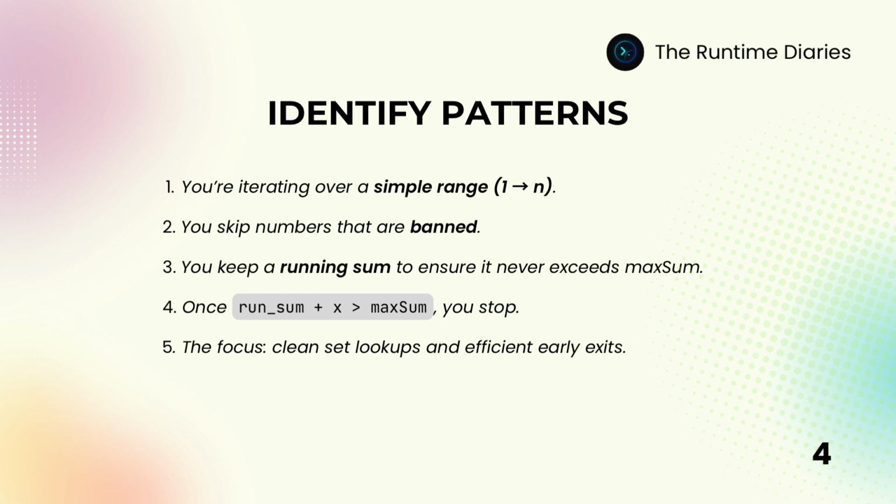The key here is not overthinking. We're just filtering out the banned numbers, then accumulating a running sum until we hit the wall. Once running sum plus x exceeds your max sum, we break. The difference between a clean solution and a clunky one comes down to how you track what's banned and when you stop.